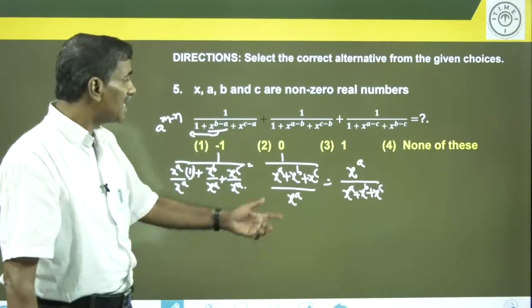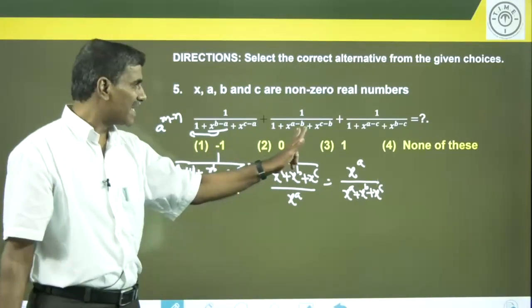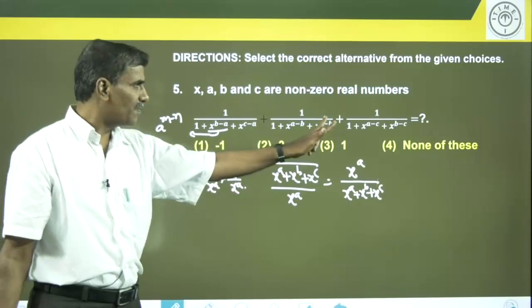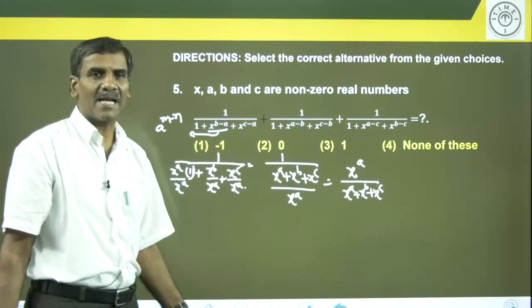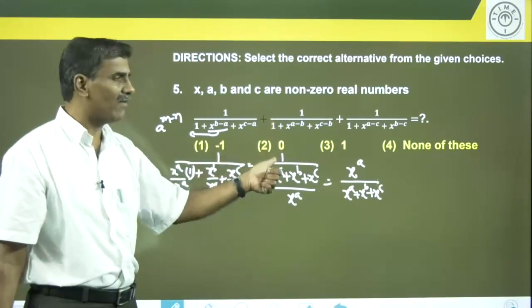Same way, in the second case, that will be x power a by x power b, x power c by x power b. That means this also I can take as x power b divided by x power b.